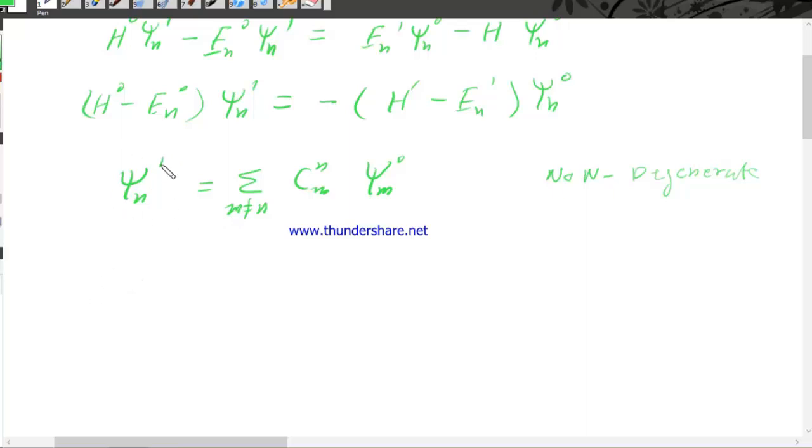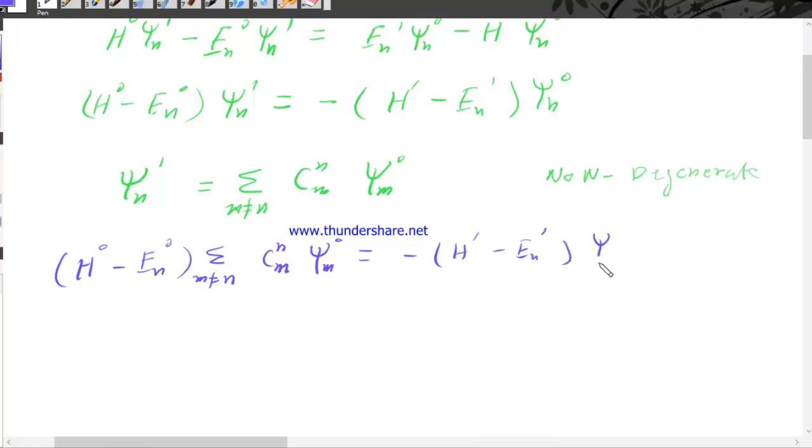Now we can put this ψn1 into this equation, then we get (H0 minus En0) the sum over m not equal to n of cmn ψm0 is equal to minus (H' minus En1) ψn0.